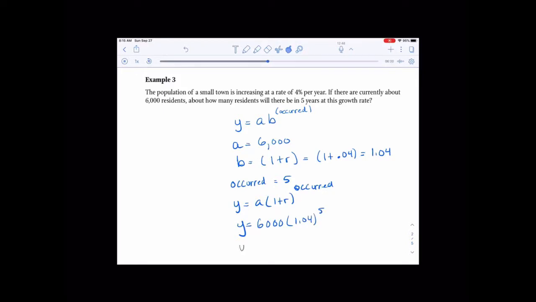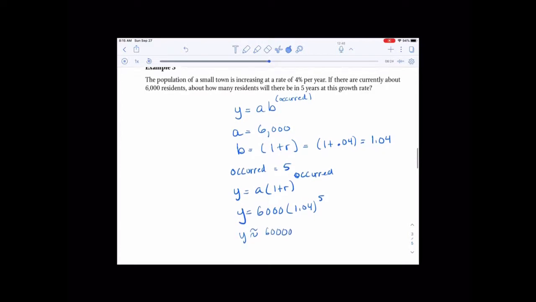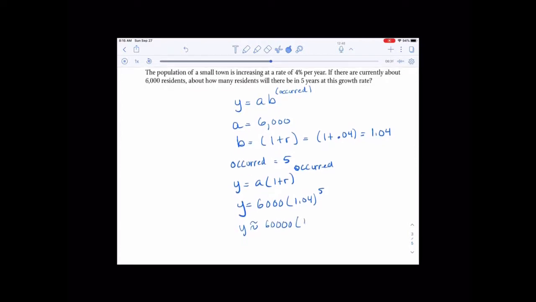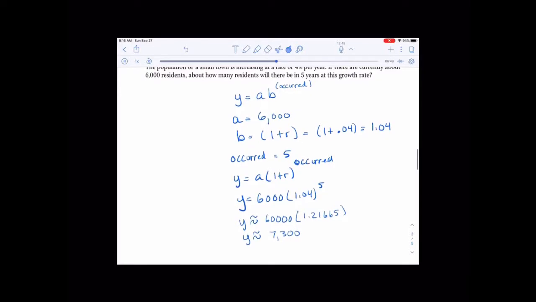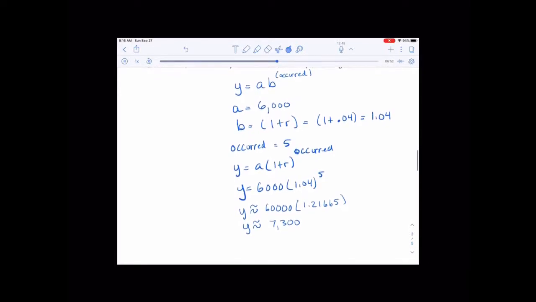This is roughly equivalent to 6,000 multiplied by 1.21665, which is approximately 7,300. So the town's final population, after increasing at 4% for 5 years, would roughly be 7,300 residents.